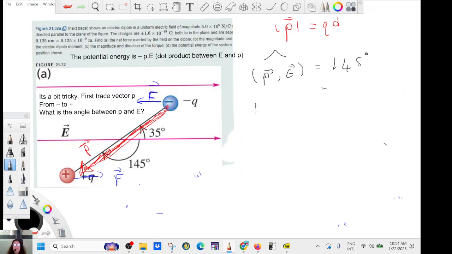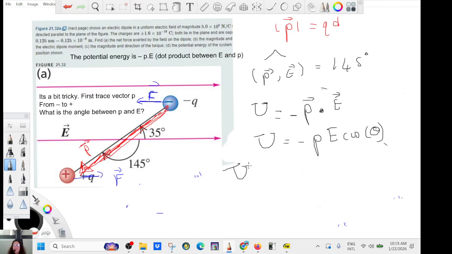Okay, so potential energy notation is U. It's going to be, by definition, minus P dot E. So what is a dot? A dot means the magnitude of P times the magnitude of E times the cosine of the angle between P and E, which is 145.